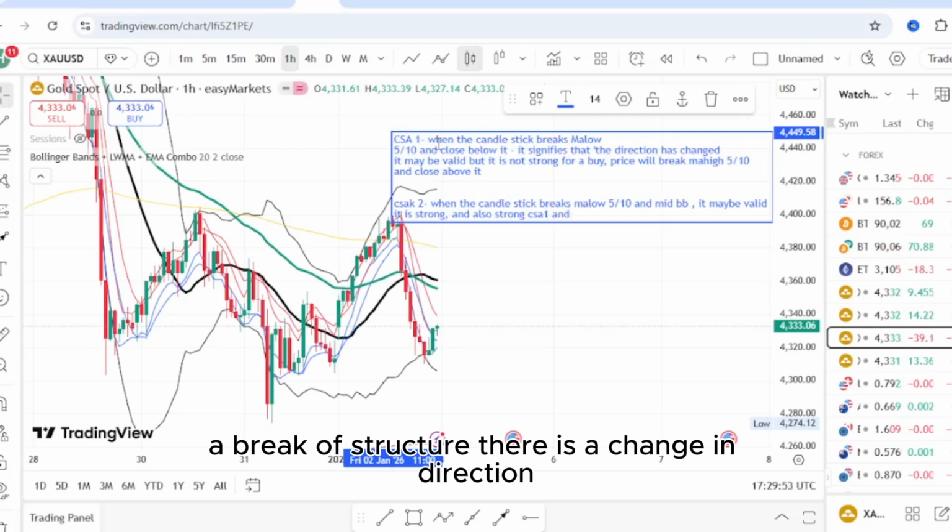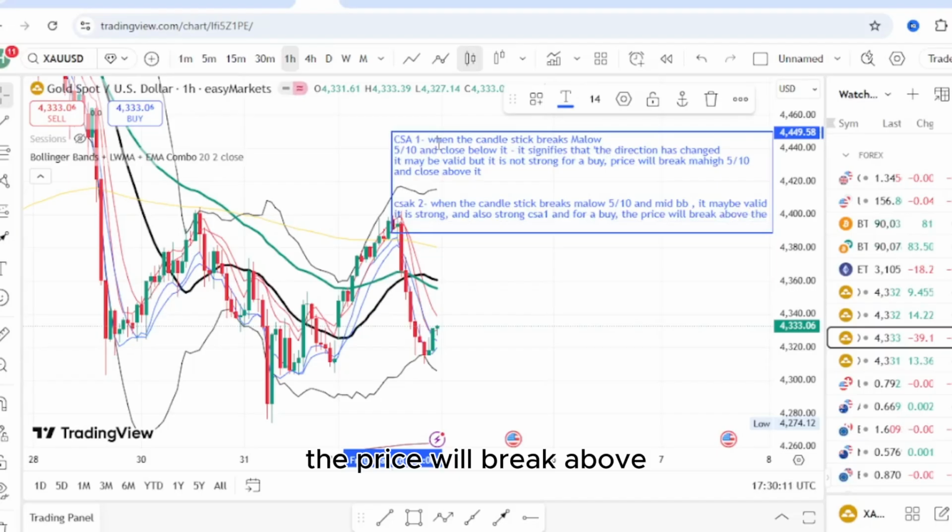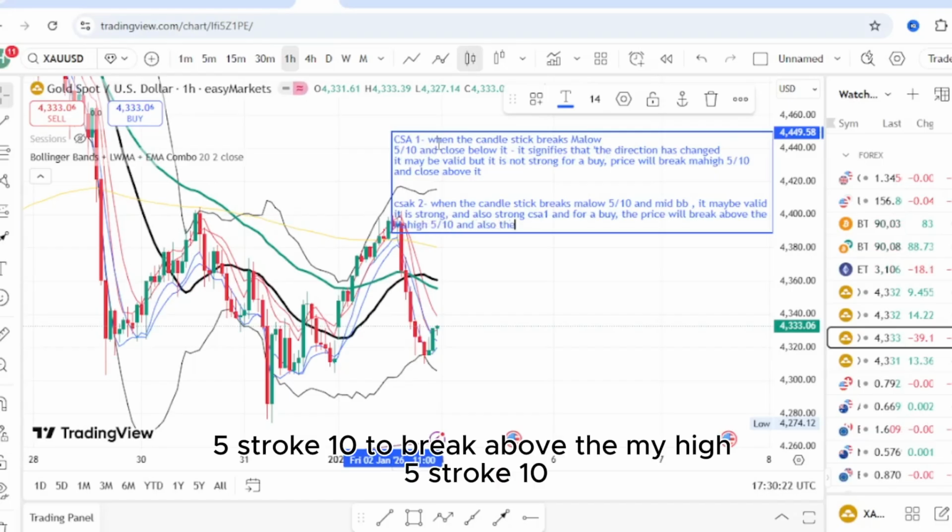And for a buy, the price will break above my high 5/10, and also break above the mid BB.